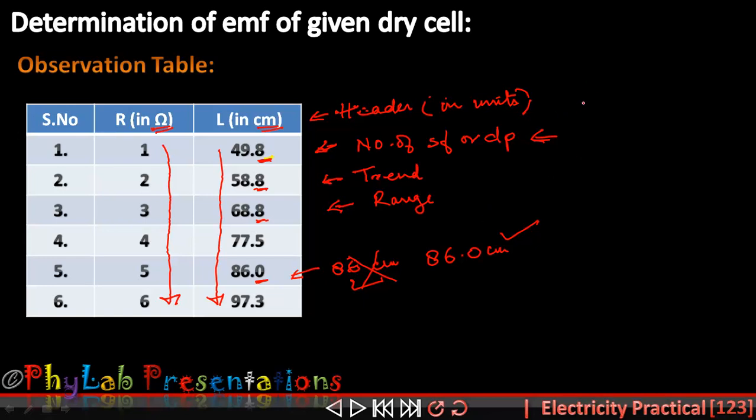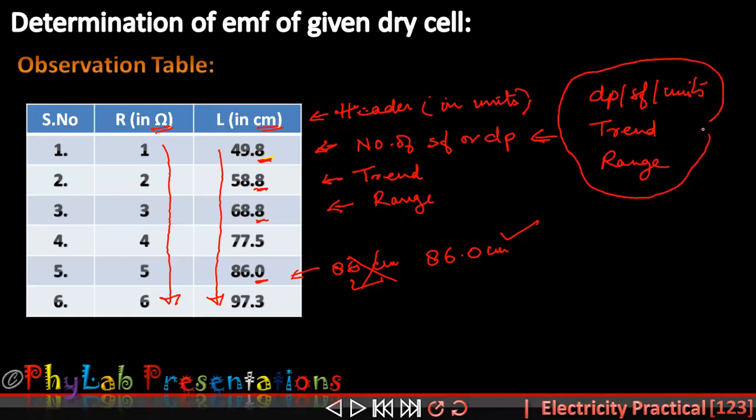One, DP and SF, and units, let's put that up as 1 point. Then the trend of the reading, and the third point happens to be the range. If you are able to take care of these three basic points, definitely you will get good marks in your observation table, or rather you can get full marks for your observation table. So in order to get full marks, remember these 3 points.